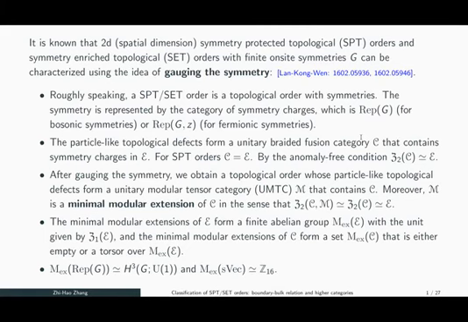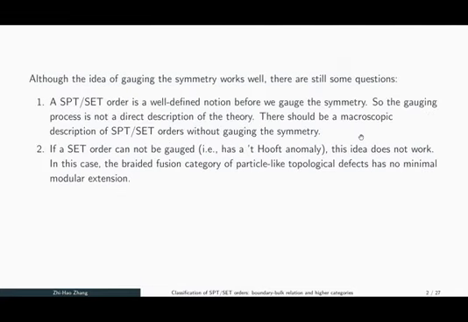Okay, so these are what we learned last week. But although the idea of gauging the symmetry works very well, there are still some questions. The first problem is that an SPT or SCT order is a well-defined notion before we gauge the symmetry. The gauging process just produces another topological order that is not this SPT or SCT order. So this gauging process is not a direct description of the theory.